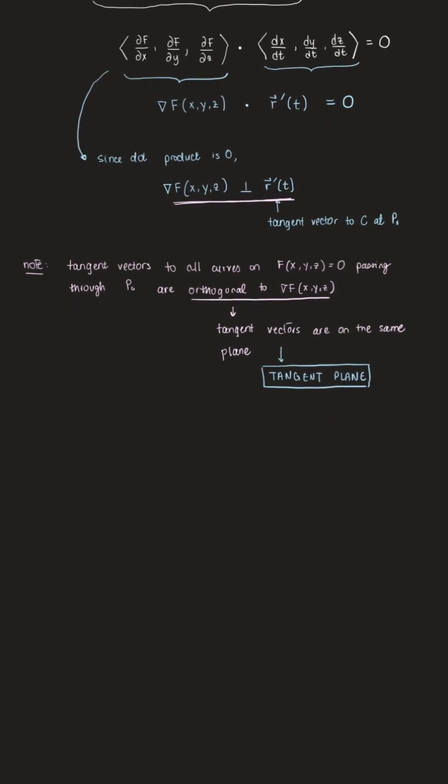So we can conclude from our work here that the gradient of f of x, y, z is the normal that we need to the tangent plane. Now, we also have a point on the plane. Let's call it P naught. Let's give it coordinates A, B, and C. So now we can write the equation of our plane.